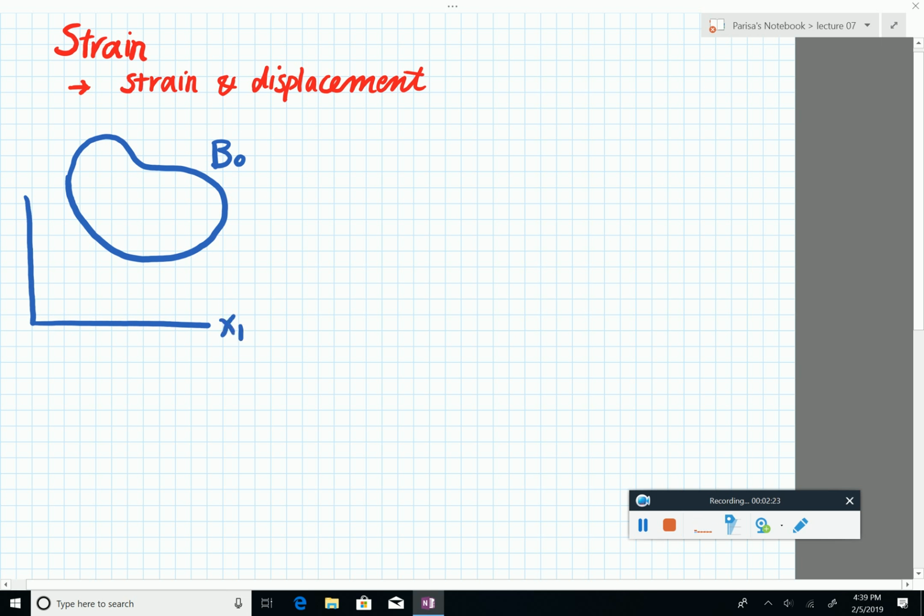The drawings are 2D, but as you will see, the formulation is pretty general. So we have B naught, and this is how the undeformed body looks like. So this is what we call the reference configuration.